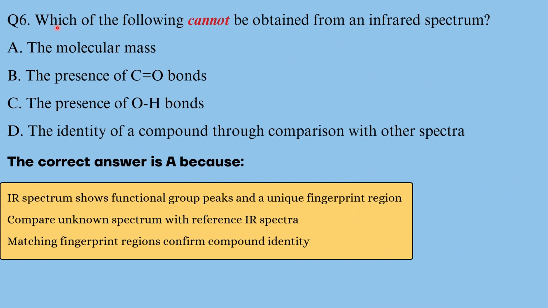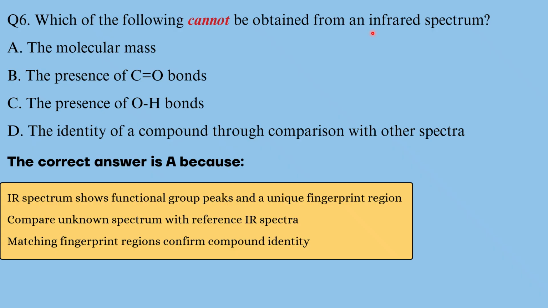Now the next question is, which of the following cannot be obtained from an infrared spectrum? Option A is the molecular mass, then the presence of the C double bond O bond, the presence of OH bonds, and the identity of the compound through comparison with other spectra. We have just studied in the previous slides that the infrared spectrum is used to determine different types of bonds.